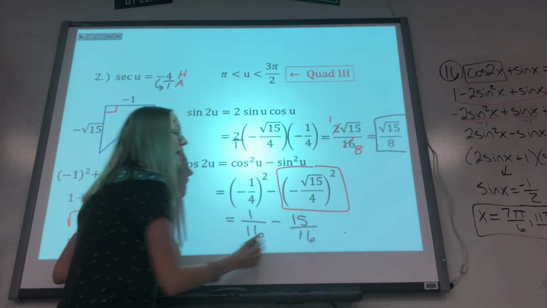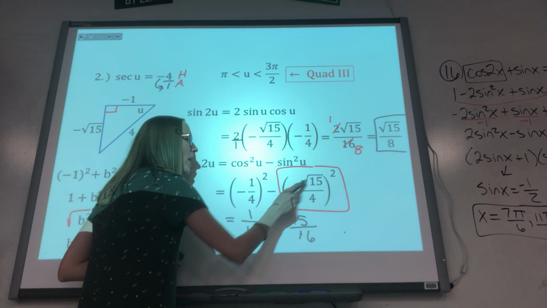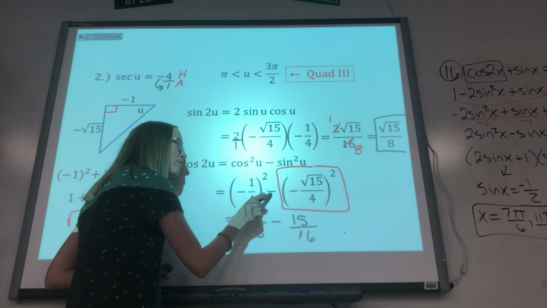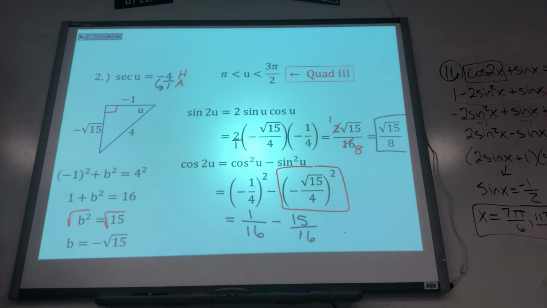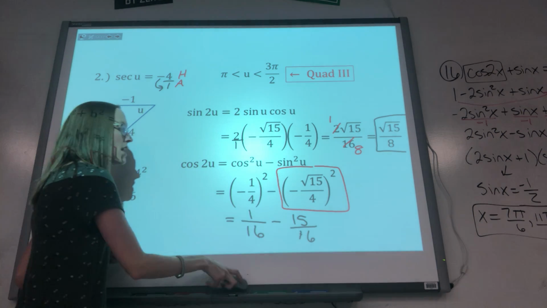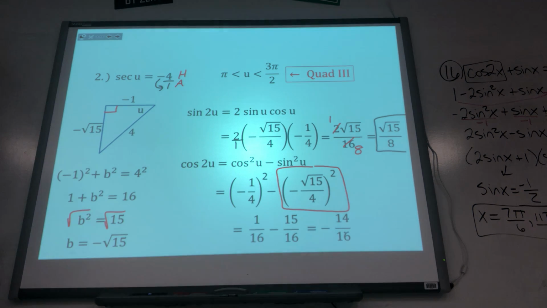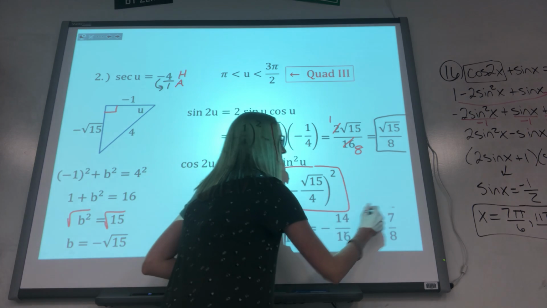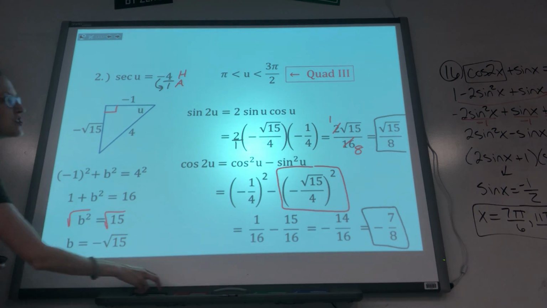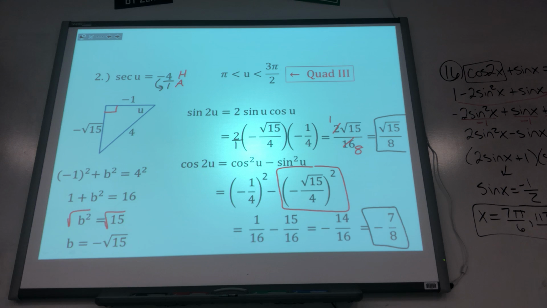Square 4 and you get 16. Square a negative, you get positive, but that other minus sign should still be in the middle. So by the time I take 1 minus 15, I get negative 14/16. But that should reduce to negative 7 over 8. That would be our final answer for cosine of 2 theta. Check those out. Make sure you got the same thing.